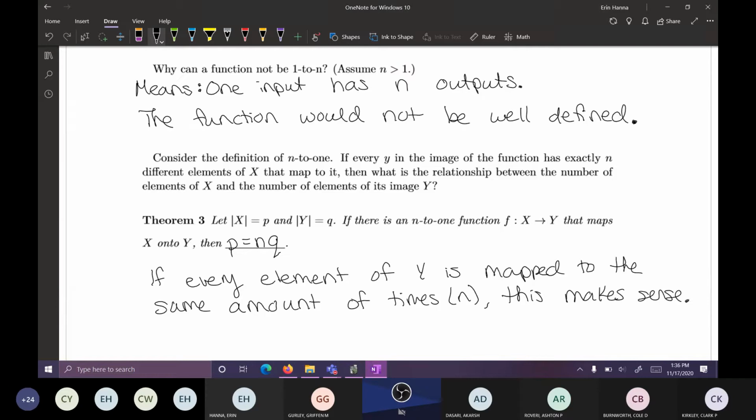Because again, if every input can only go to one thing, but every output has n things going to it, then the amount of inputs must be n times the amount of outputs, which is exactly what this is saying. So that's what we call an n-to-1 function.